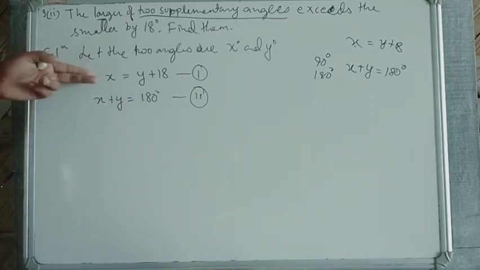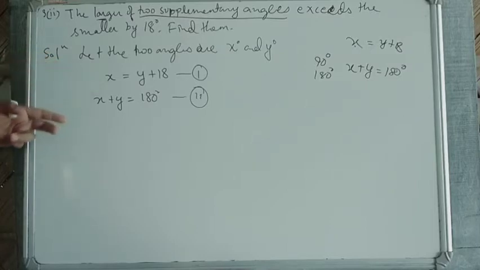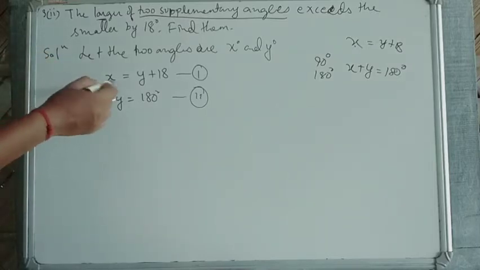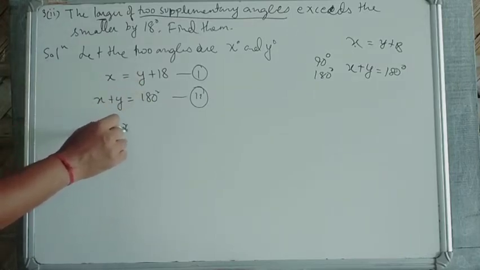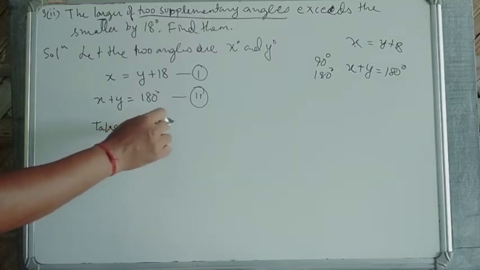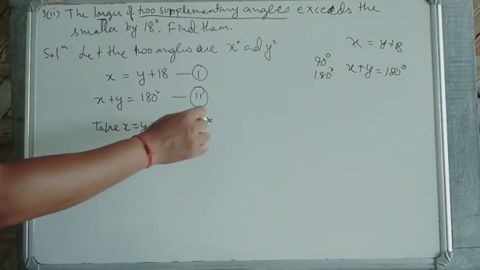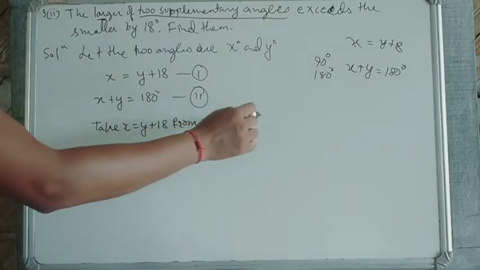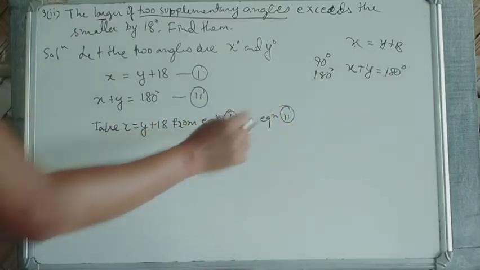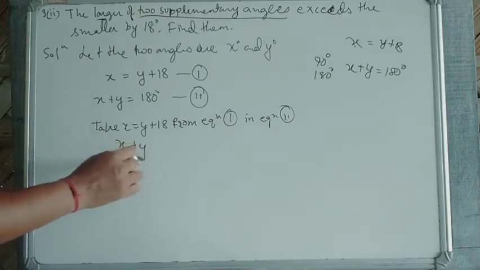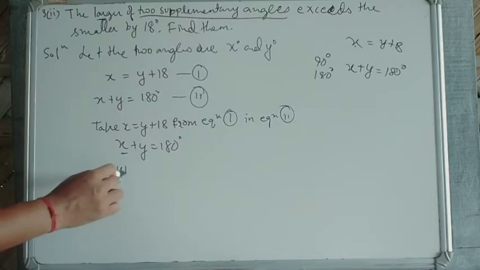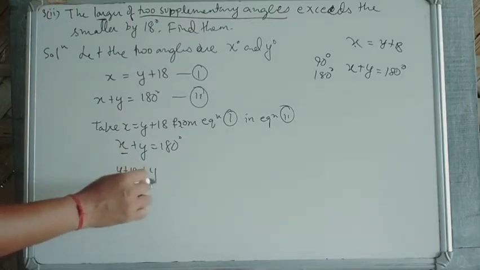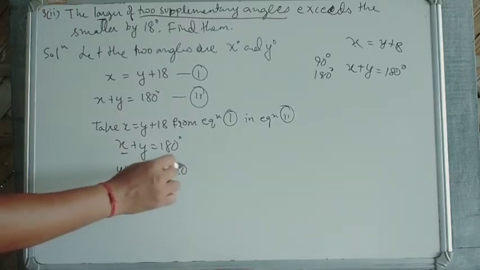So from here we can put the value here, because the x value is already there, like in the previous question. So we'll take x equals y plus 18 from equation 1 into equation 2. In equation 2 we will put x equal to y plus 18, and then plus y equals 180 degrees.